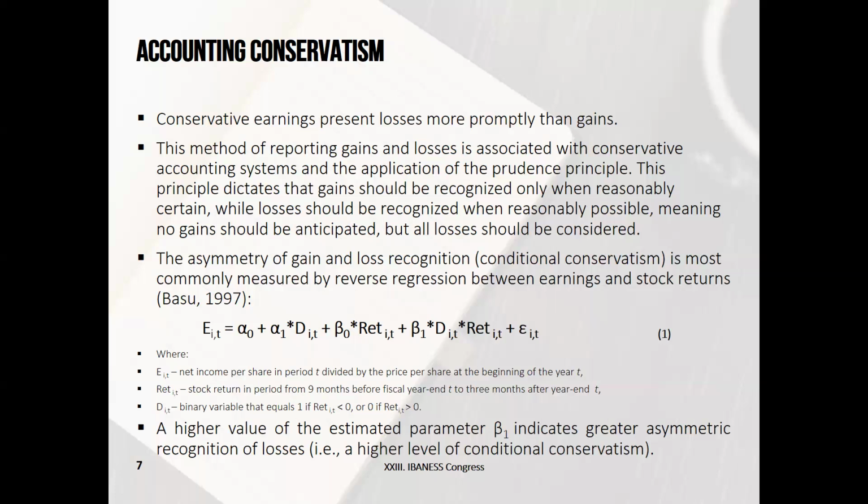Conditional conservatism implies that companies recognize losses, bad news, more quickly than gains, good news. In Basu's model, this asymmetry is captured by the coefficient on the interaction term, beta 1. A significantly positive beta 1 coefficient indicates higher conditional conservatism, meaning earnings reflect negative economic events faster than the positive ones.